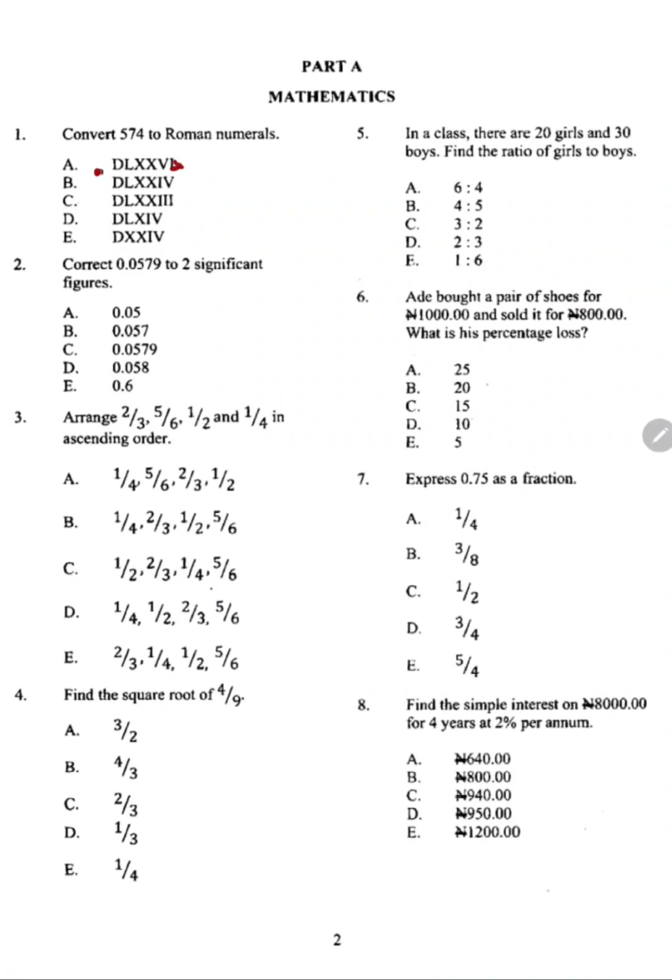So this first one is like saying 500 plus the L here, which is 50, plus the two X's, which give me 10 plus 10, and then plus V, which is 5, and finally plus I, which is 1.